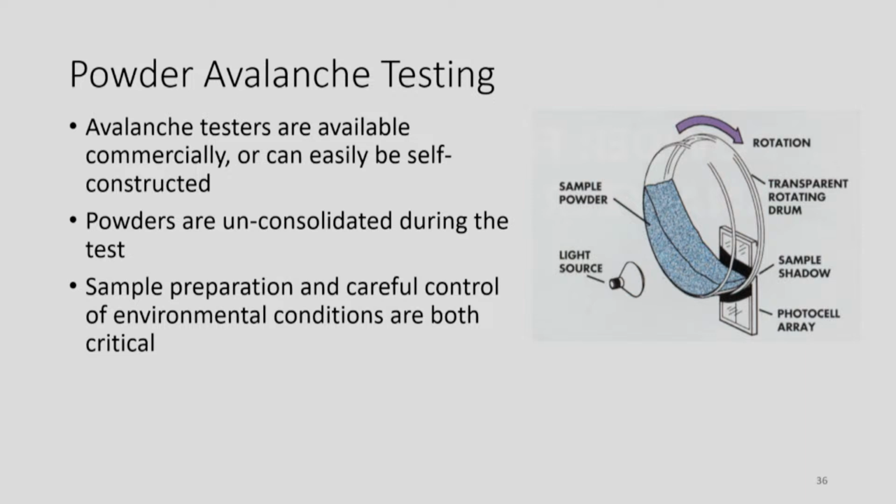You have a light source and a camera that continuously monitors the angle of the powder as it rotates. The only careful consideration is the wall. The wall should not have high friction so that it holds the powder, otherwise you are not measuring powder flow behavior itself but more the effect of the wall.